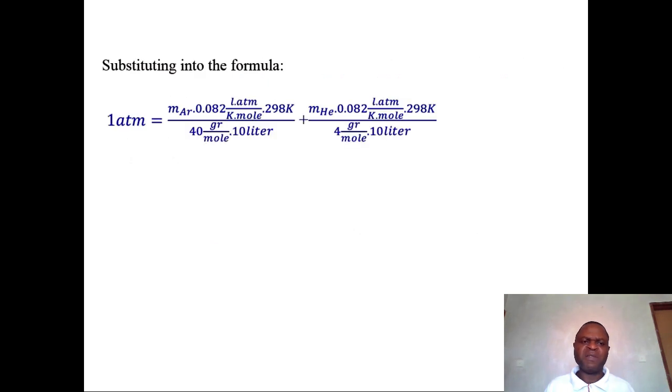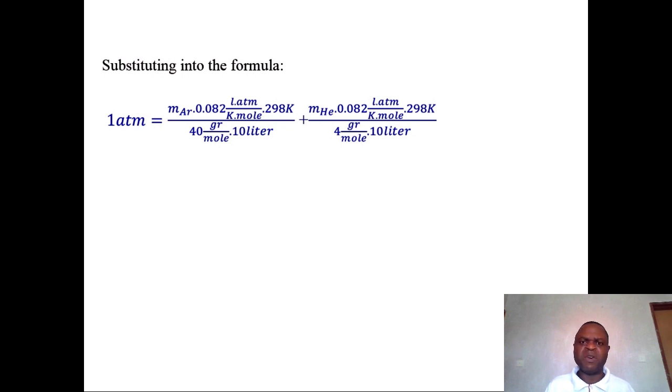So we substitute the values into the equation, according to what I told you about the gas constant. In this case, we use 0.082 because we are dealing with the moles, and we substitute the 298 and the 10 liters, and the 40 is the molecular weight of argon, and the 4 is the molecular weight of helium.